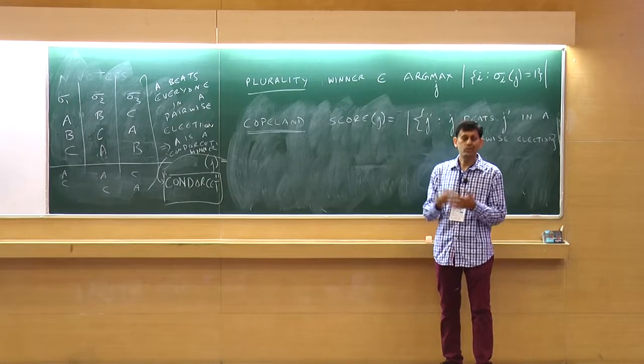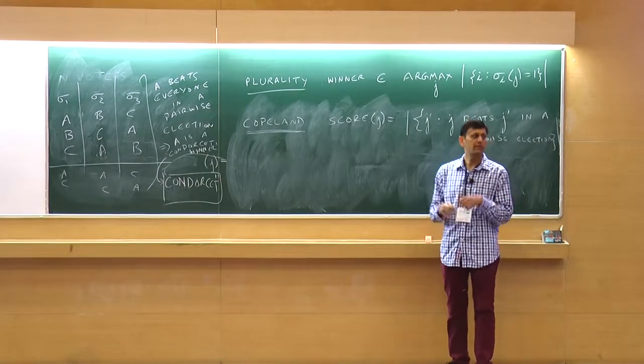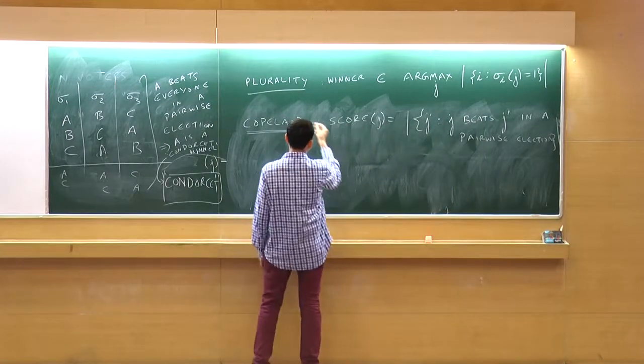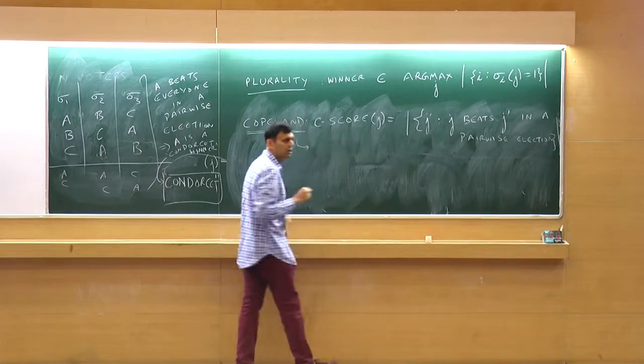If there is no Condorcet winner, nobody will have a score of m minus 1, but you could pick the one with the highest score. I'll call it the Copeland score just to distinguish it.